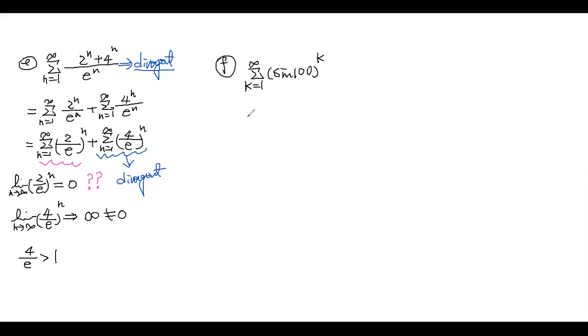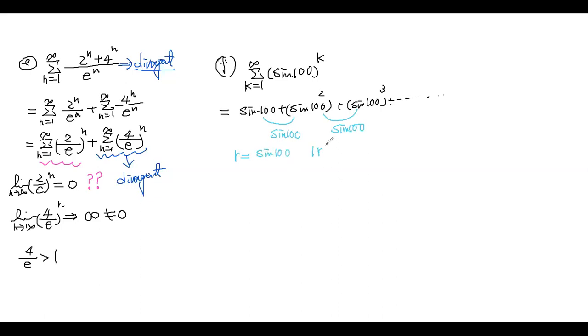If you write this out, k equal to 1, you will get sine 100. Plus k equal to 2, you will have sine 100 squared. K equal to 3, you have sine 100 cubed, and so on. Now you see, from here to here there's a ratio. You just multiply by sine 100, and this is another sine 100 here. So you know your r is equal to sine 100.